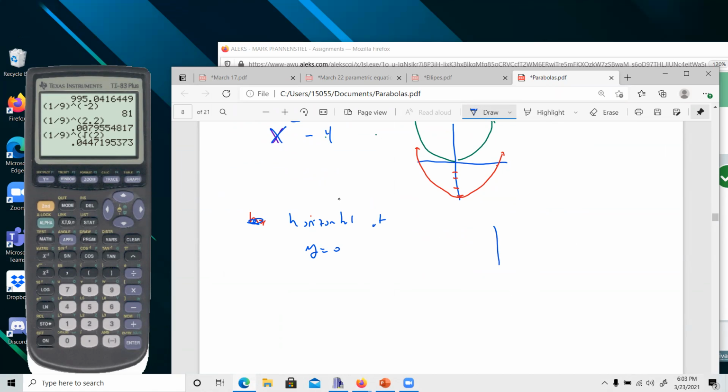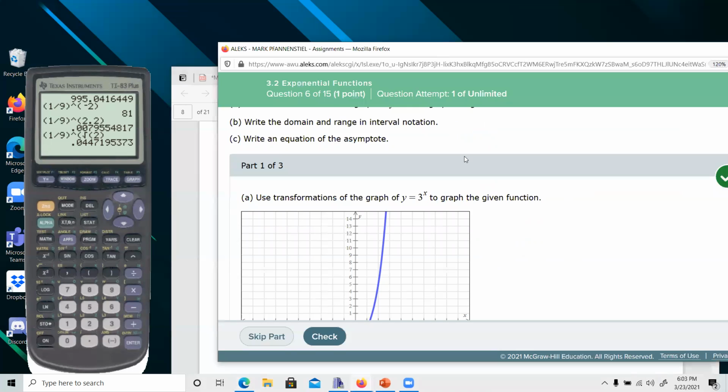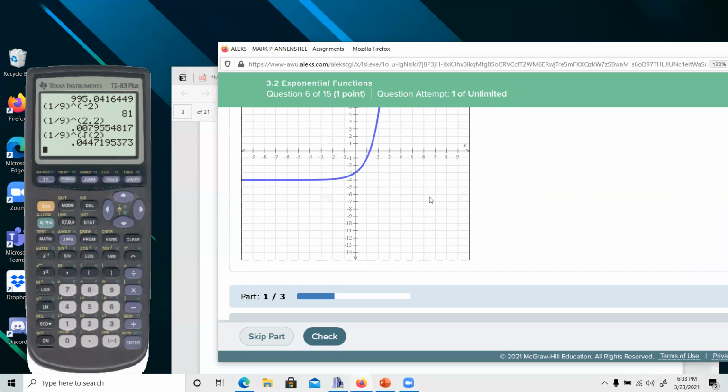All right, so every exponential function has a horizontal asymptote. Unless you transform it, move it up or down, we're going to have y equals 0 as a horizontal asymptote. These do not have vertical asymptotes, so no vertical asymptotes. All right, so there we go with that.